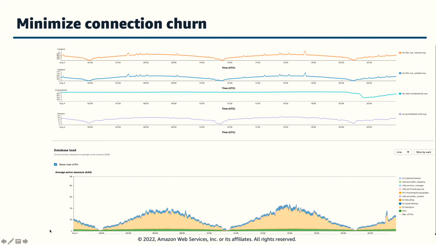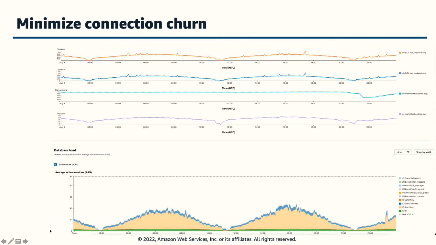You can see that the CPU was still doing things, but again, the throughput, like we saw before, was much higher, and again, no buffer content locks that were impacting the application.